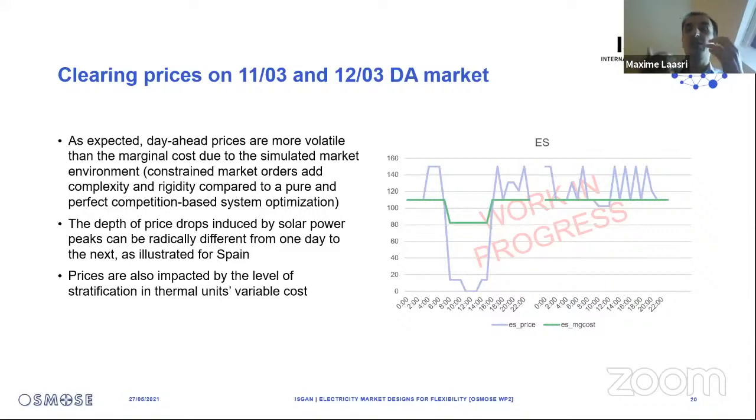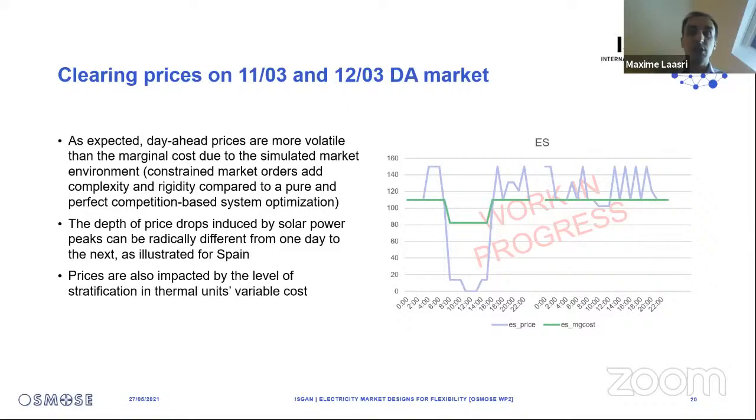Well, it creates complexity and rigidity in the system, and usually we observe more volatility. We observe it again here, and you can see it can be pretty dramatic. As you can see, when we have the solar power being massively sold out at around noon, the marginal system cost from a very long-term point of view would have just decreased to around 80 euros per megawatt hour.